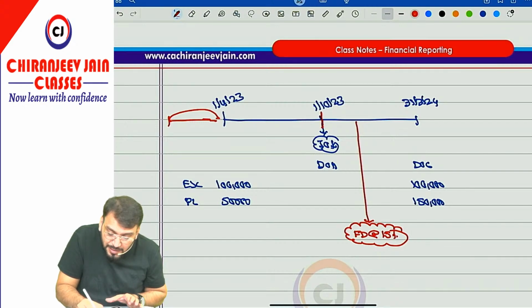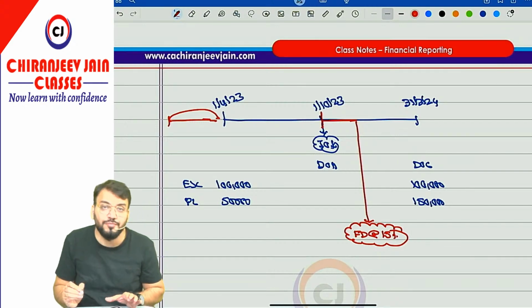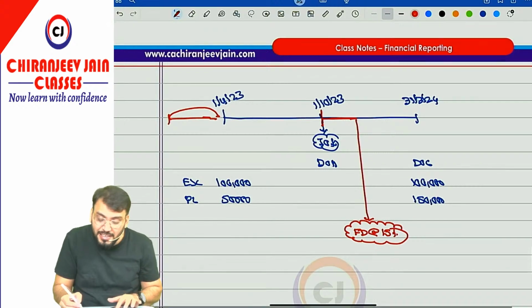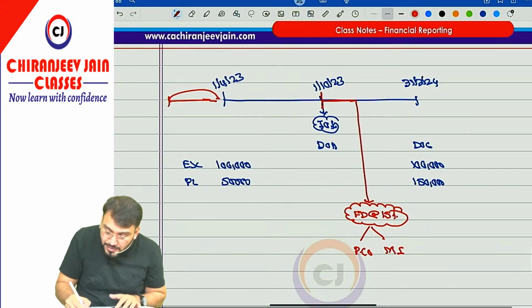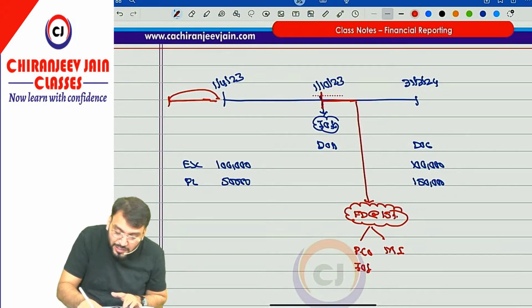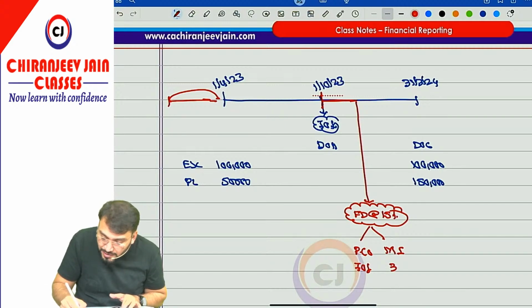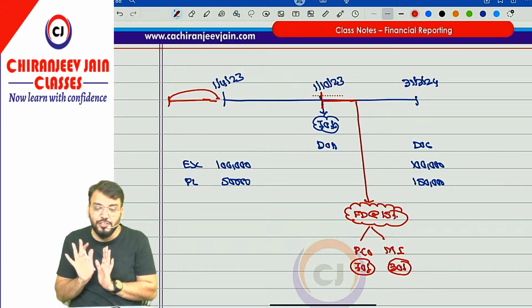Correct. Now one thing is clear, just try to understand. If it is paid after the date of acquisition, it will be received by whom? Parent company and minority interest. 70% received by parent company because they acquired 70%, and 30% will be received by minority interest. Got this point?